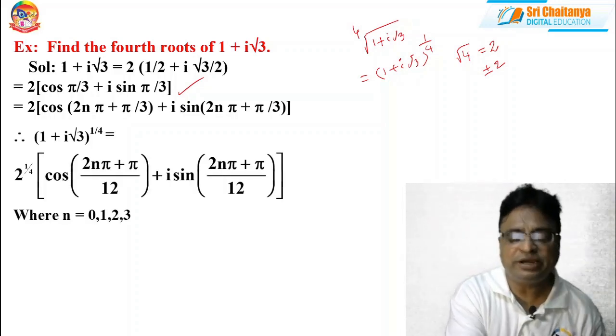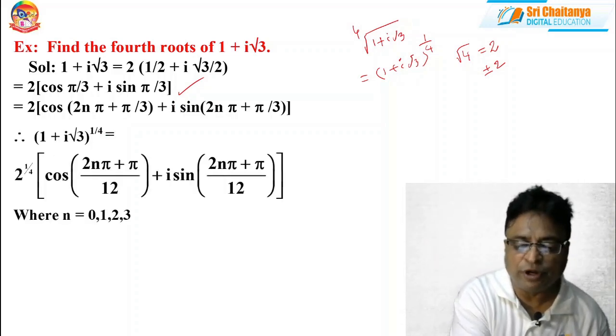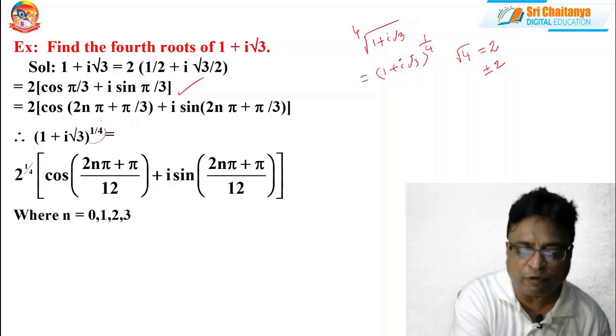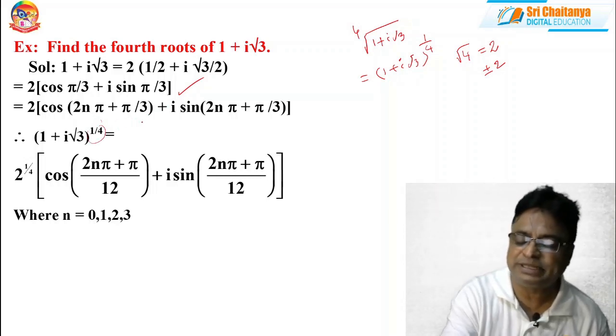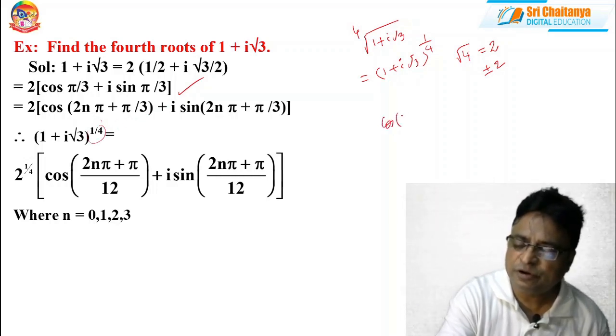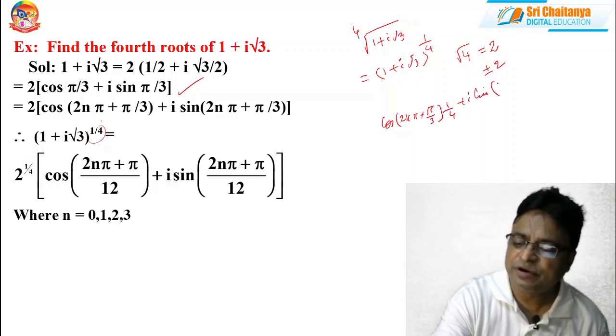Now to find (1 plus i root 3) whole power 1 by 4, I am multiplying 1 by 4 to 2k pi plus pi by 3. So cos of (2k pi plus pi by 3) into 1 by 4 plus i sin of (2k pi plus pi by 3) into 1 by 4.